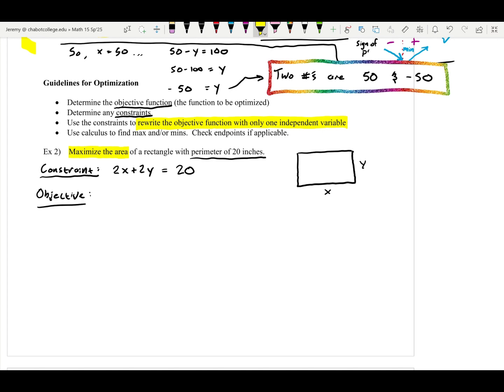So we should be thinking, okay, area of what? Well, we've got this rectangle, right? What's the area formula for a rectangle? It's just length times width. And with our variables x and y, that would just be x times y. So our objective equation will just be area is equal to x times y. And I usually make a note in this problem, I want to maximize the area.